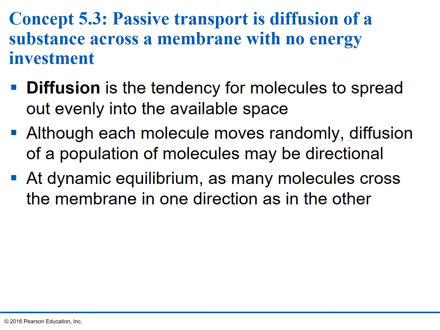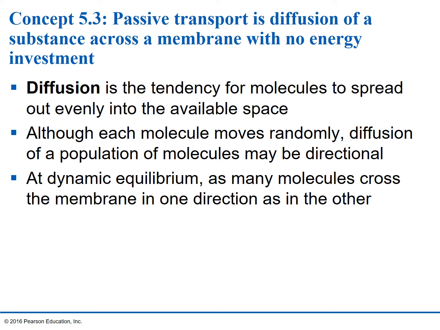The idea that you guys have already been introduced to is that molecules move very randomly. But with passive transport and diffusion, we're looking at the net movement of the molecules. The net movement in this case would show that the molecules move from an area of high concentration to an area of lower concentration, and eventually the movement will slow down, so a dynamic equilibrium is reached.